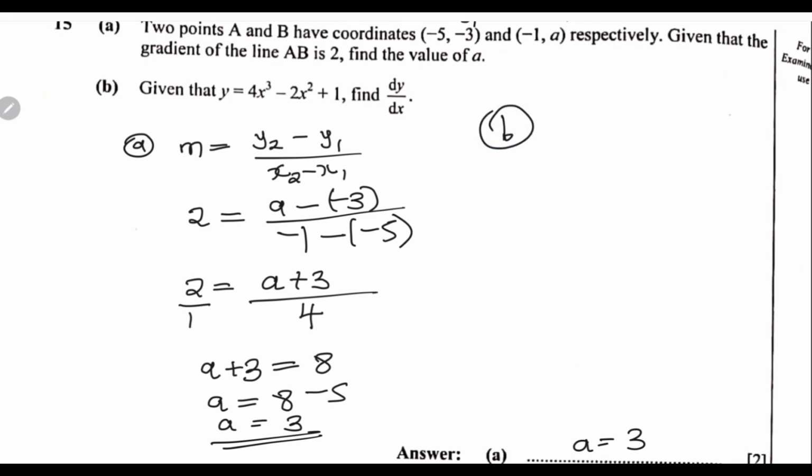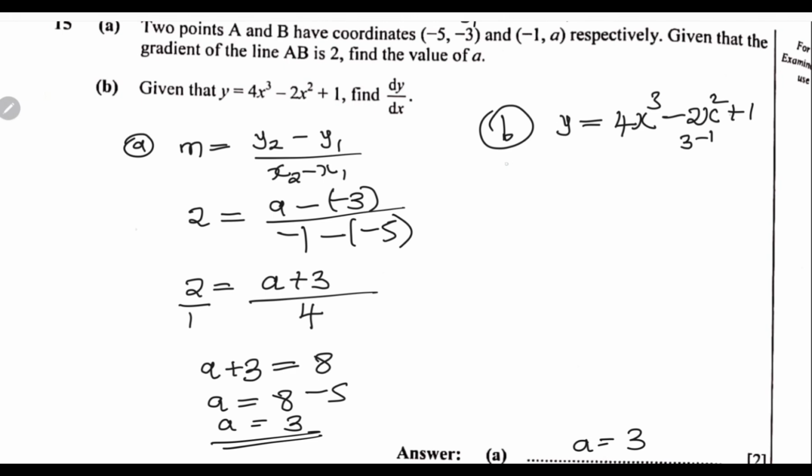So part B is also not a difficult question. We are simply given y is equal to 4x to the power 3 minus 2x squared plus 1. The question asks us to find dy/dx.